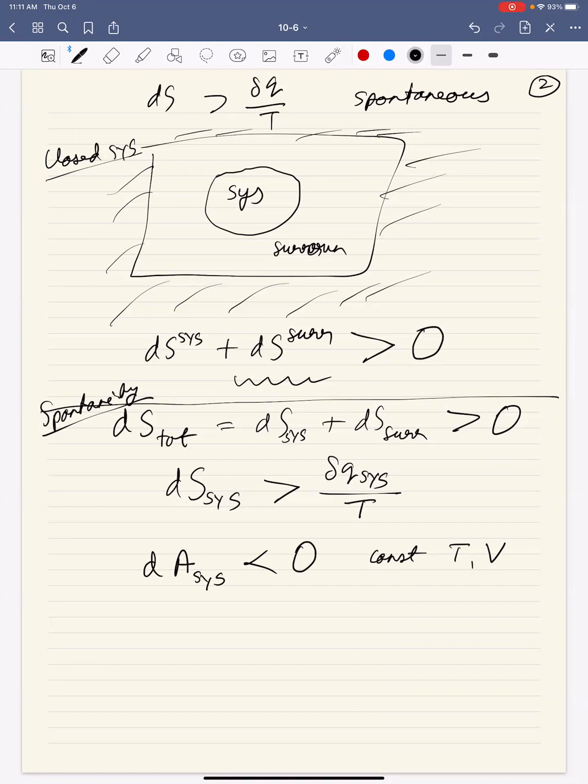It doesn't matter whether the process happening at constant T and V is adiabatic or reversible or irreversible. This is the most useful thing we have seen in thermodynamics so far. You can directly go and use it in your lab or your theory or whatever you do. It's super useful, and I will define A in a moment.